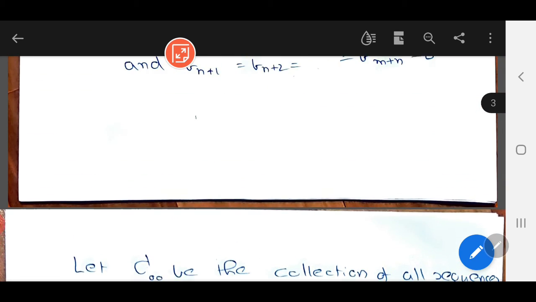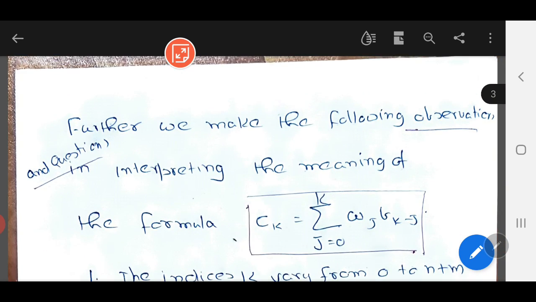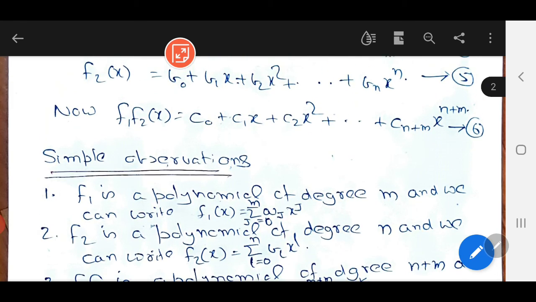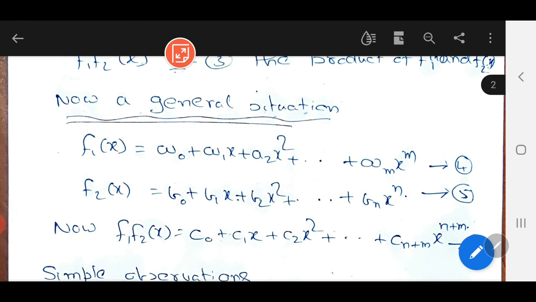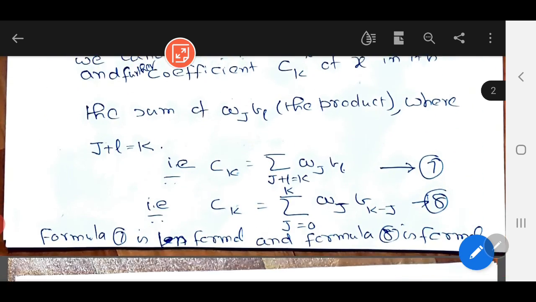What are f1 and f2? Please remember our f1, f2 are always these: a0 plus a1x plus a2x square plus ... am x power m, and f2 is b0 plus b1x plus etc. up to bn x power n. They are polynomials of degree m and n.